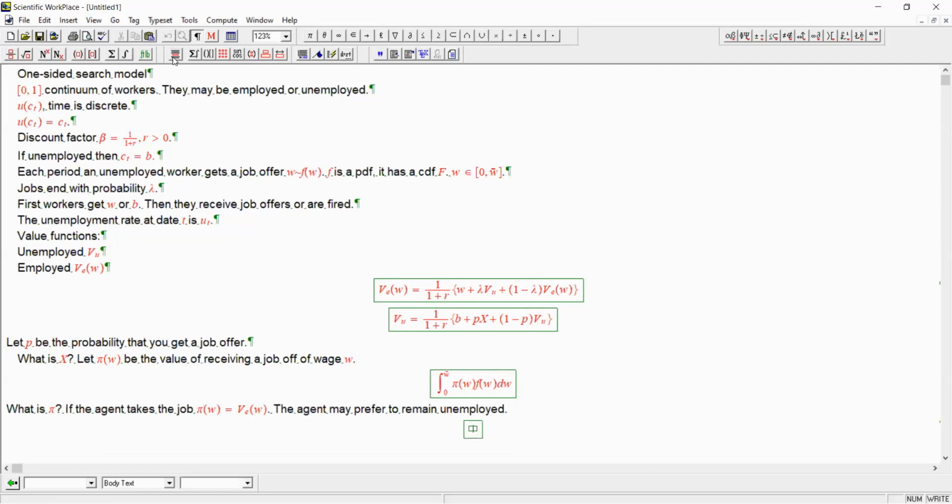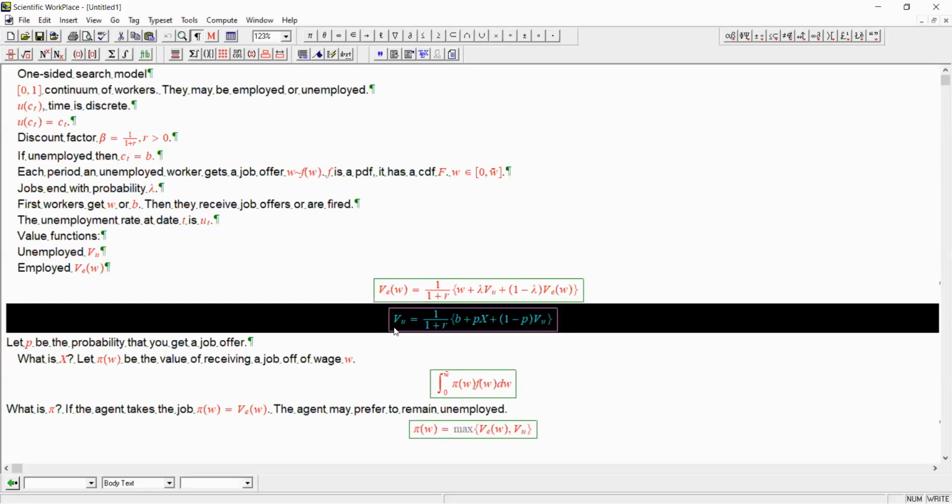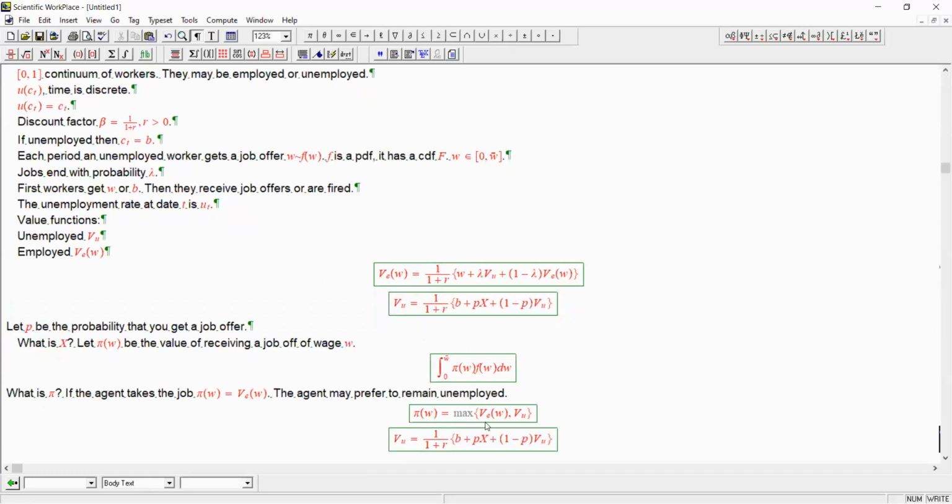It gives us that pi of W must equal the max of those two possibilities, VE of W and the value of remaining unemployed. And as a result, the value of being unemployed equals this. We insert that where it said X, and we insert this where it says pi. And that's our value function.